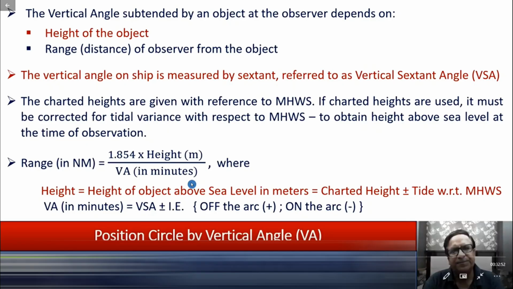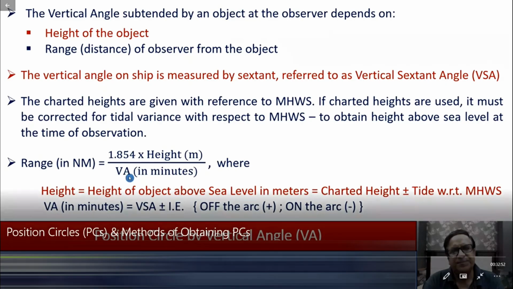If it is in degrees, then you are in danger somewhere. You are too close to the land. Either the vessel is going to run into danger or you are aground already. So that's why they have kept the vertical angle in minutes only. So we need to be careful with the units.